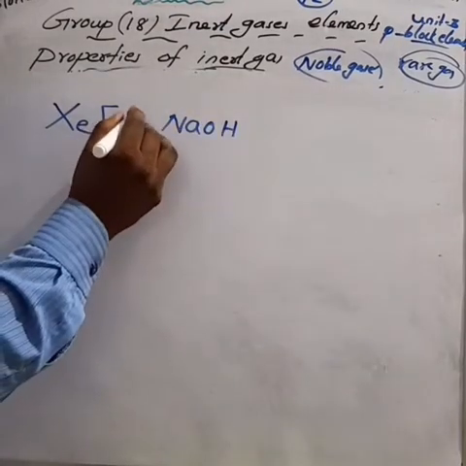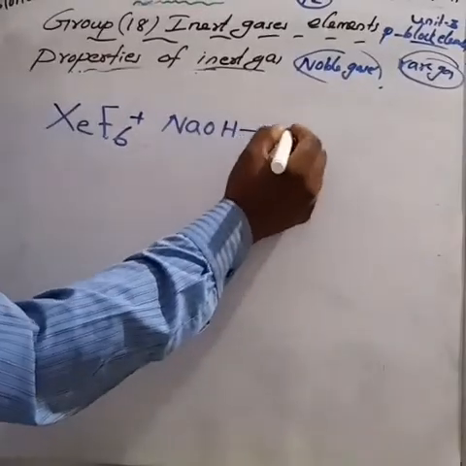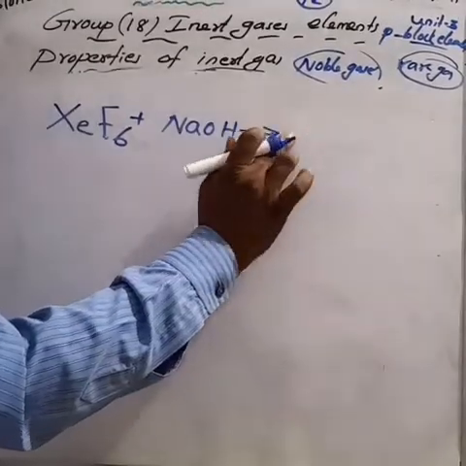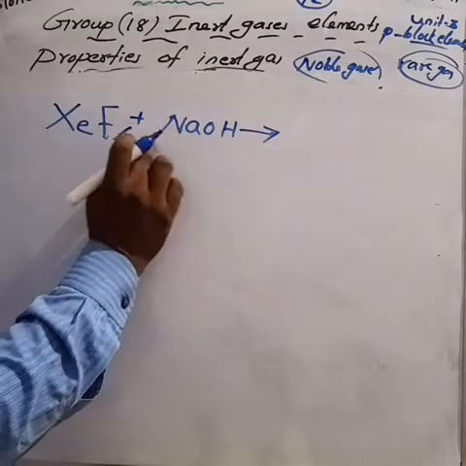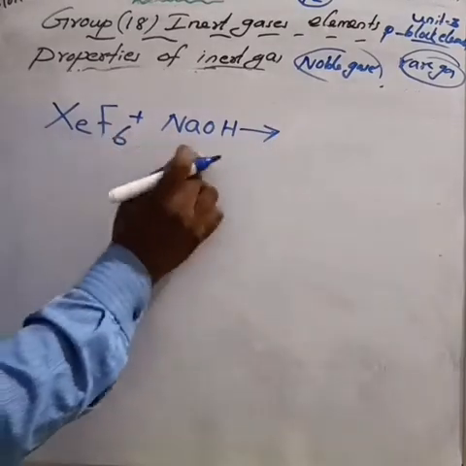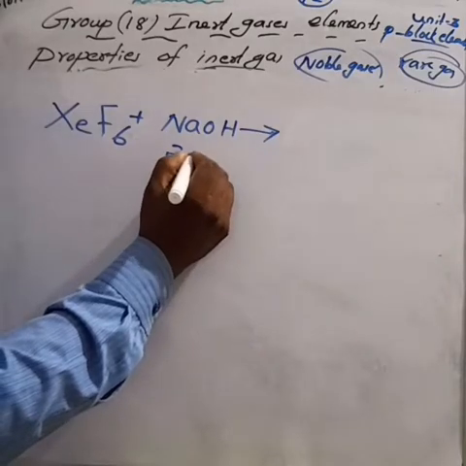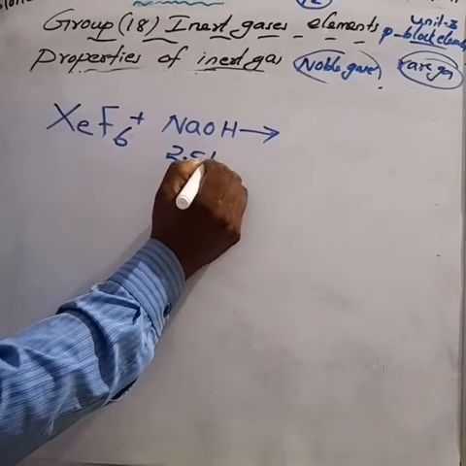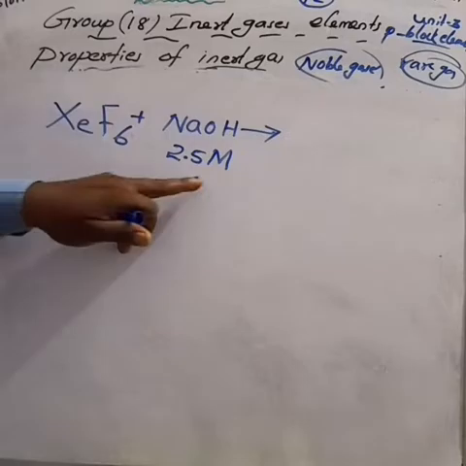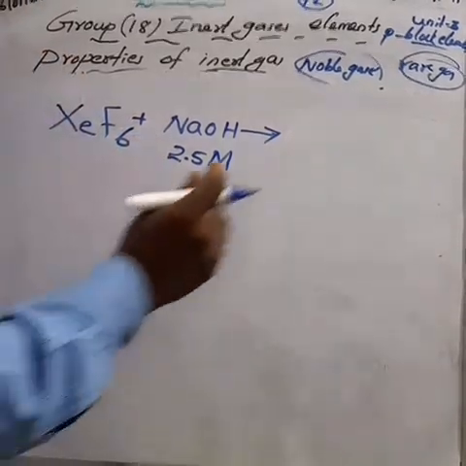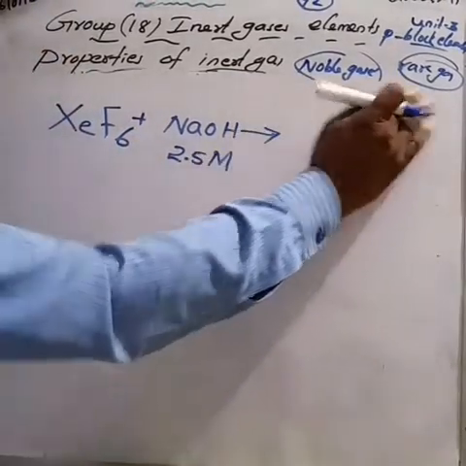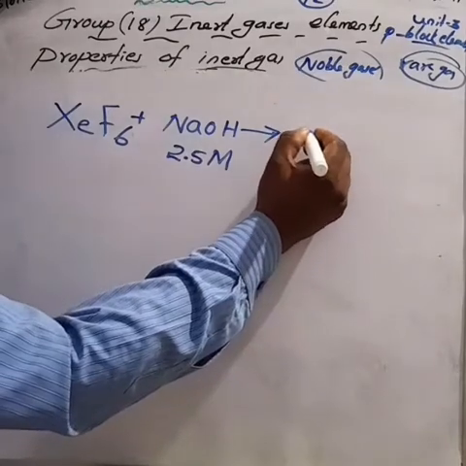Sodium perxenate. So here we are using xenon hexafluoride reacting with sodium hydroxide, 2.5 M sodium hydroxide. We get sodium perxenate.